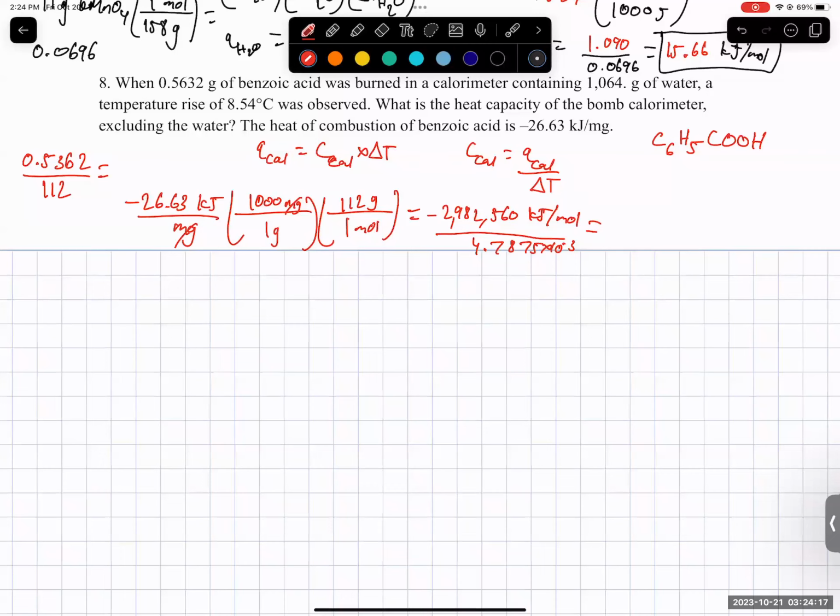And so you should get, if we put this in scientific notation, 6.23 times 10 to the 8th. So this is the amount of kilojoules. In other words, this is a negative value. So this will be a negative value. So this is our Q of reaction.